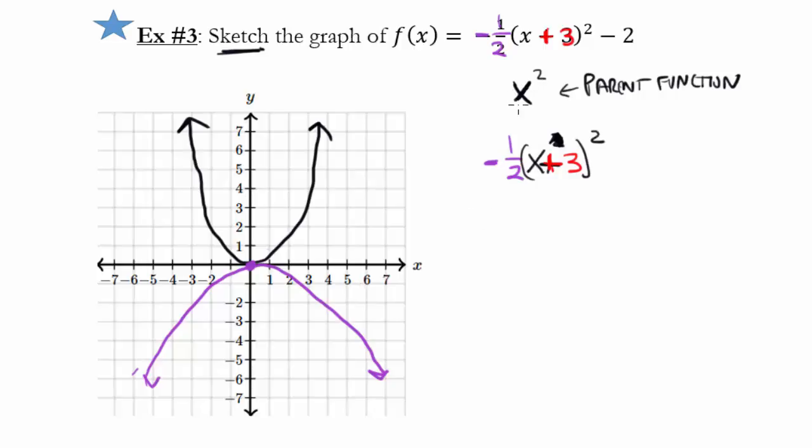In the original parent function, when I put in x equals 0, I got out y equals 0. The function value was 0, right? And that has to do with the fact that on our original parent function, in black, here's the point 0, 0. In this function, you want to think, what do I have to plug in for x in order to get out that same y value of 0, that same function value? What value of x would do that for me?